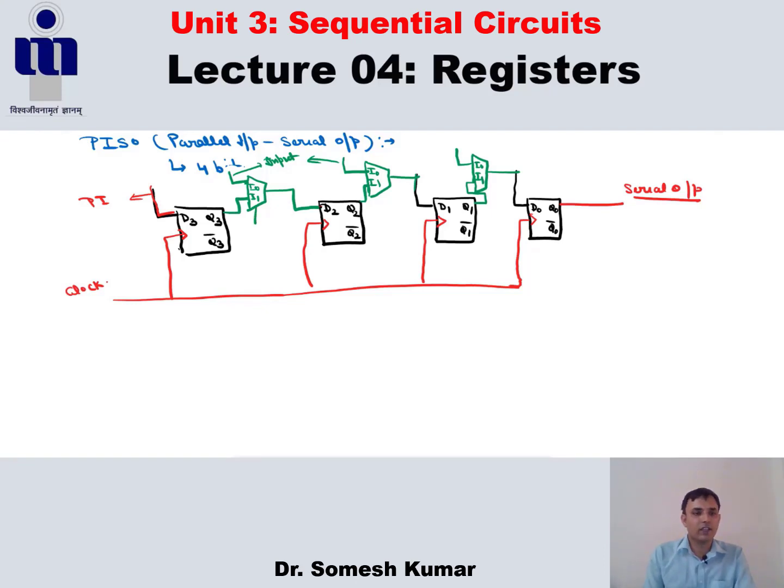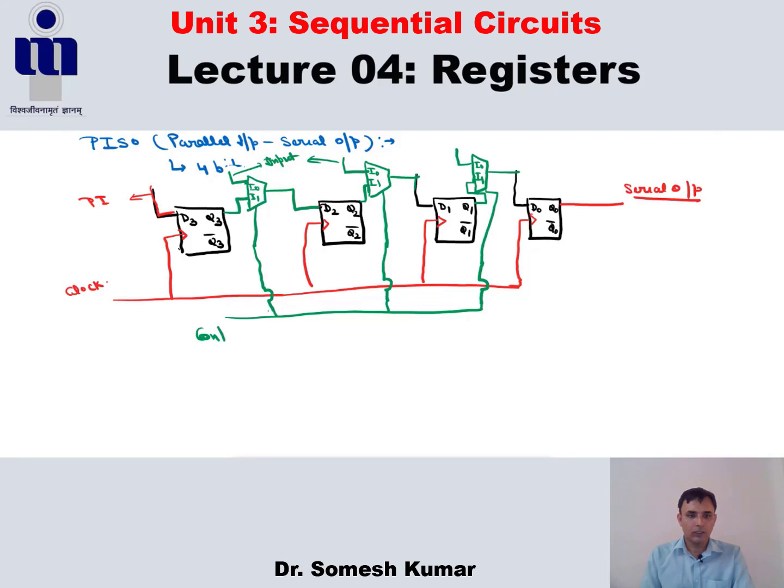And this is the select line of this, the select line of the second mux, and the select line of the third mux. This is also called the control input.